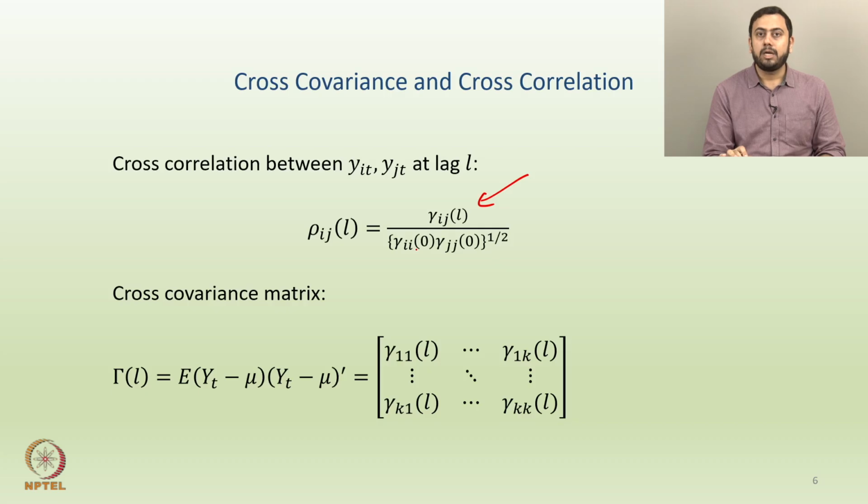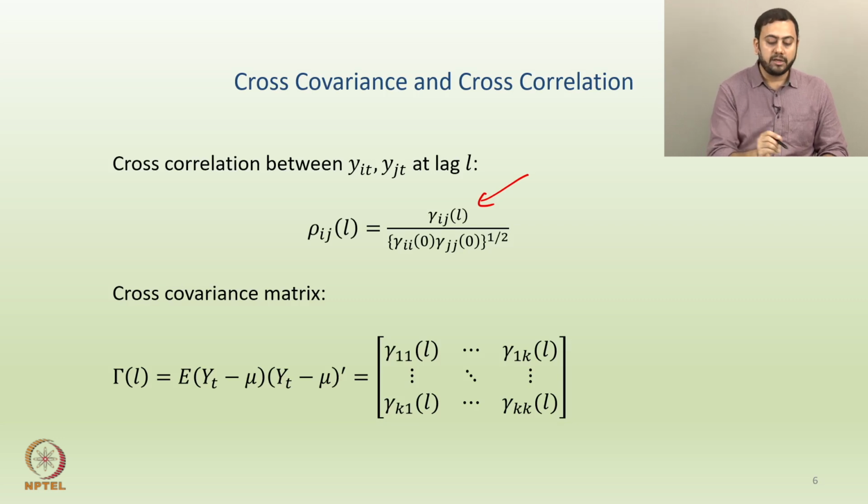Now, all the formulas are pretty standard. How do you find covariance? Expectation of something minus its mean times the other series minus its mean. Or how do you find correlation? Again, this is a standard formula: autocovariance divided by the square root of the corresponding variances.